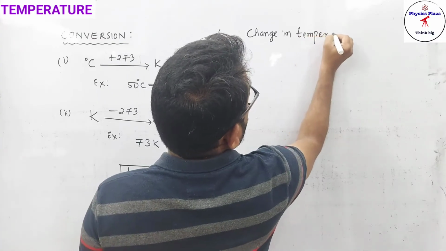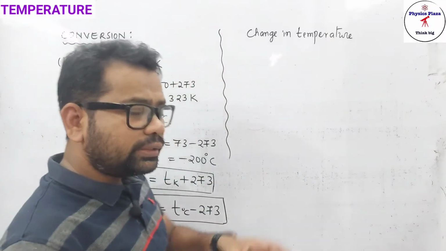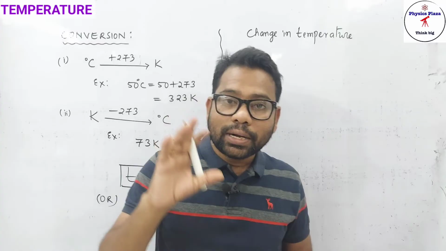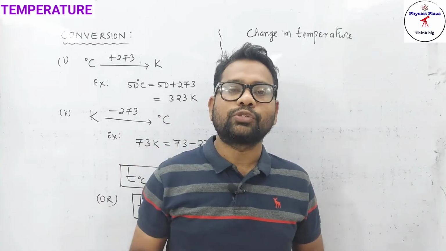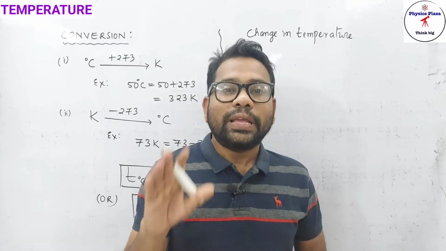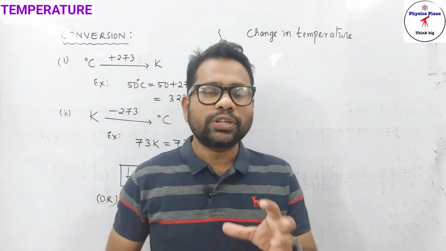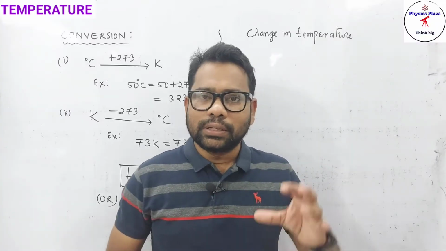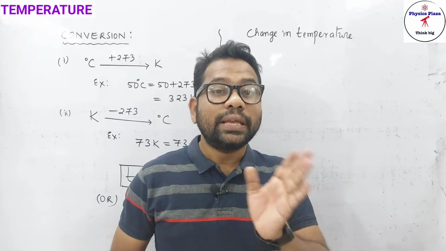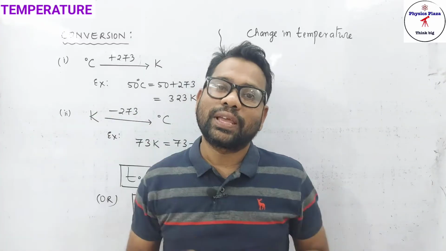Children, we all know very well that there are 100 divisions in a Celsius scale, and 100 divisions in a Kelvin scale also, which means the number of divisions in a Celsius scale is equal to the number of divisions in a Kelvin scale. Which means, it's very, very important here, the rise or fall in temperature in the Celsius scale is equal to the rise or fall in temperature in the Kelvin scale.